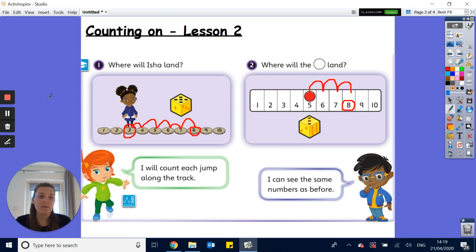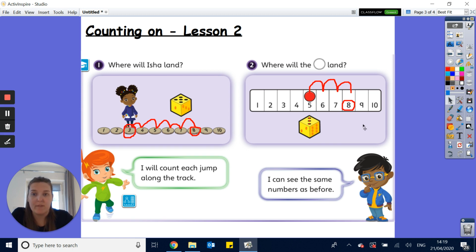Okay, so I'm going to tell you some of the things that I've noticed are the same and the things that are different about the two examples. And then we're going to have a chat about what we noticed about the answer for each question. So I noticed that both of our questions have a number track from 1 all the way to 10.